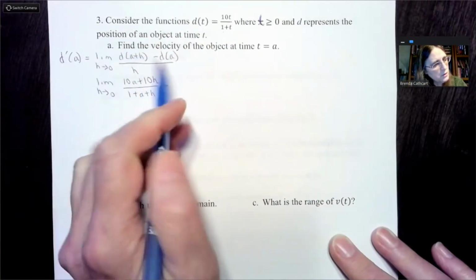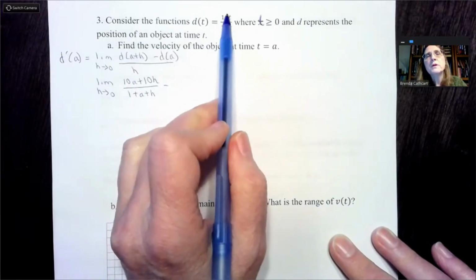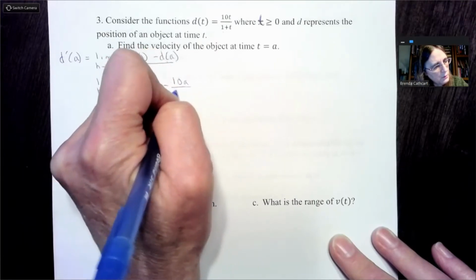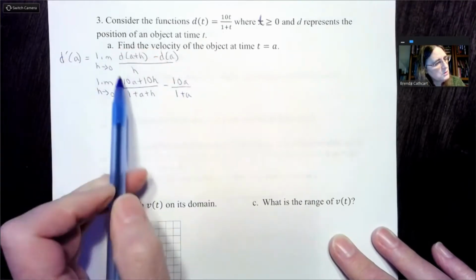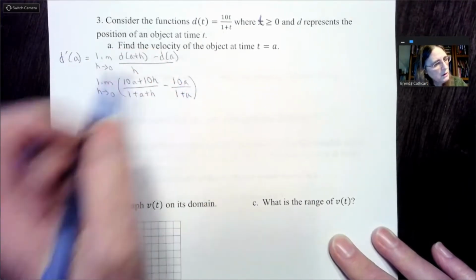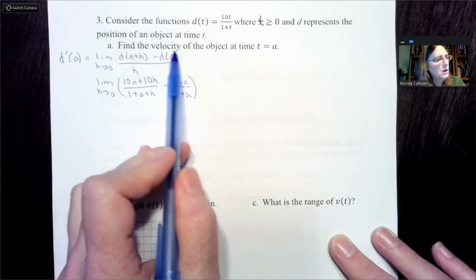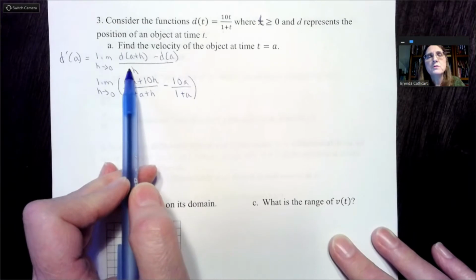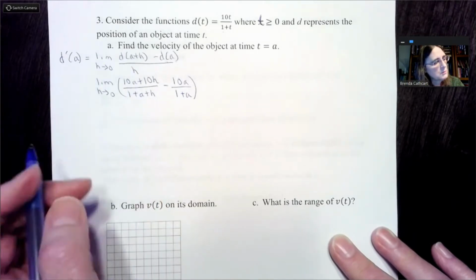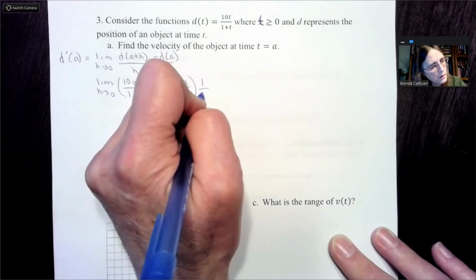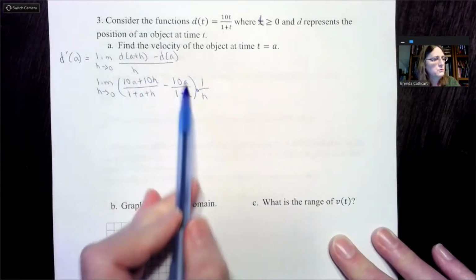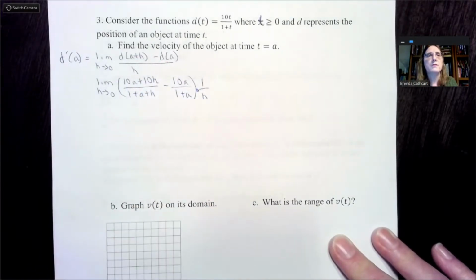The second term, d of a, we're just replacing the t with a. So we have 10a over 1 plus a. Now this whole term here is the numerator of our difference quotient, and it's divided by h. And of course, dividing by h is the same thing as multiplying by 1 over h, so we're going to write it as multiplication. So we have two fractions multiplied together.